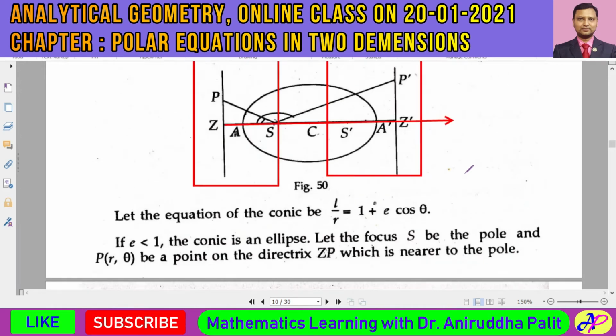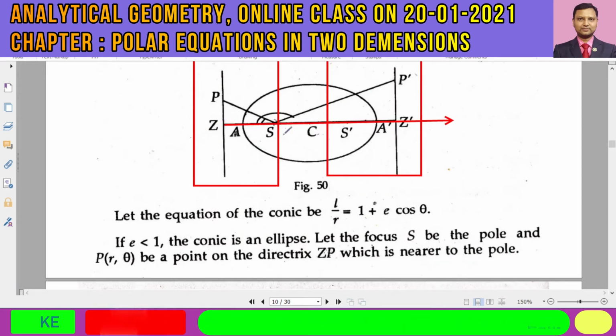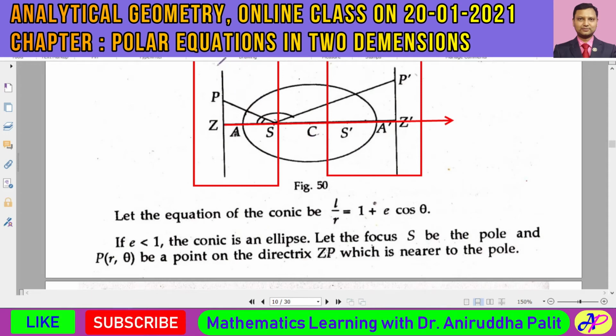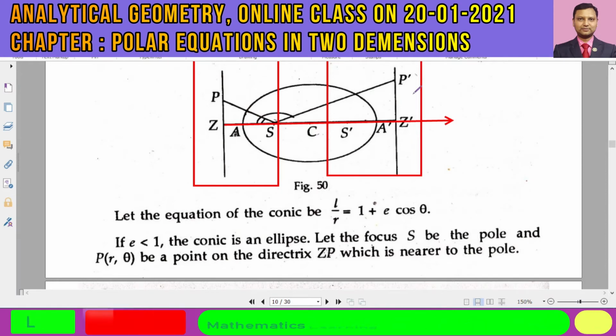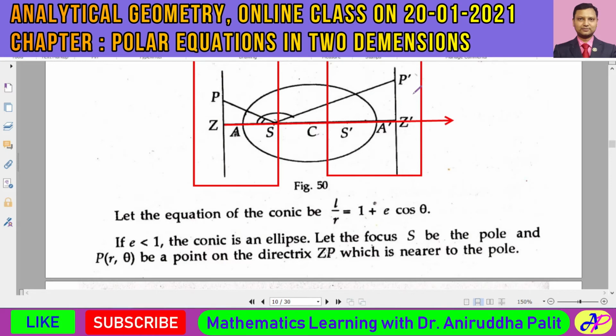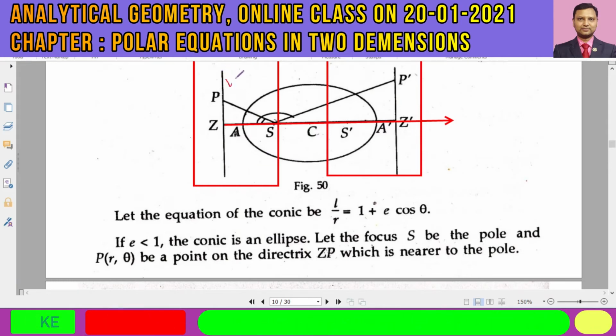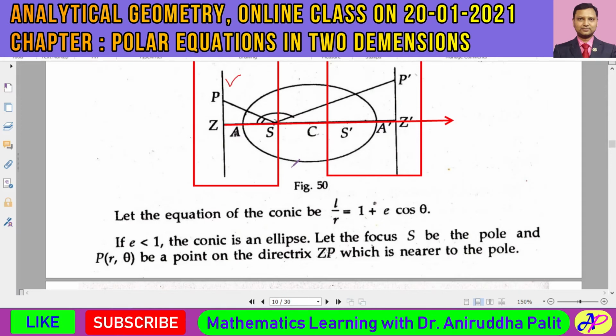Now you see in this picture, whenever we are interested to find out the equation of any curve, maybe that curve is actually a straight line, maybe a parabola, it may be an ellipse or hyperbola, it doesn't matter. So over here we are interested to find out the equation of this straight line, PZ.